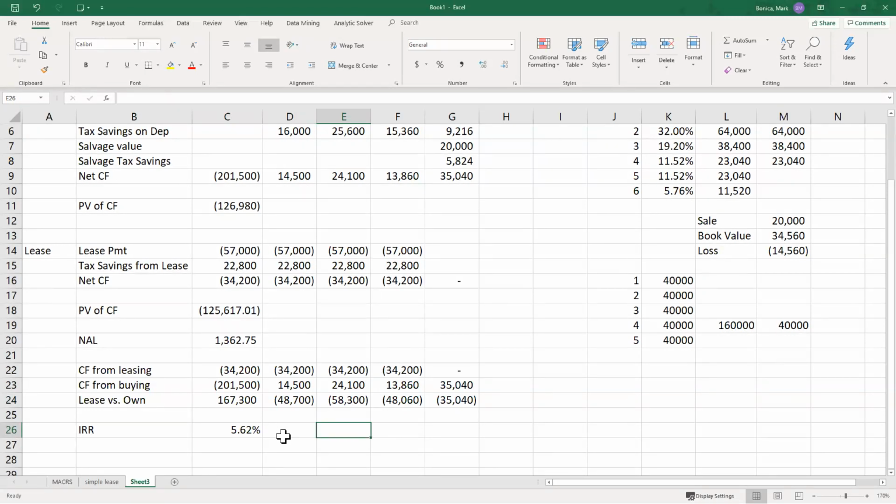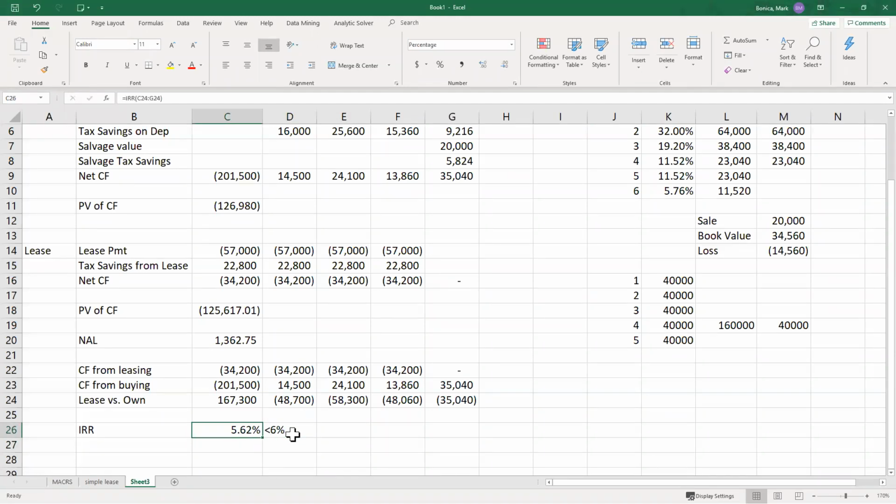In this case, we invert that rule. If you want to favor leasing, you want to show that the return from leasing is less than the required rate of return. So in this case, you want an IRR of less than the discount rate. So this is less than 6%, right? So that means this is a go.